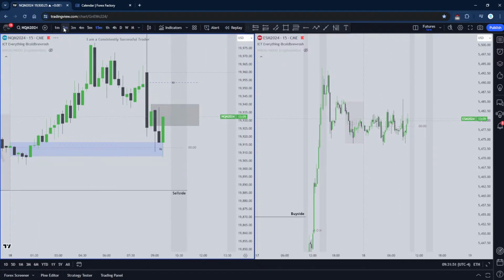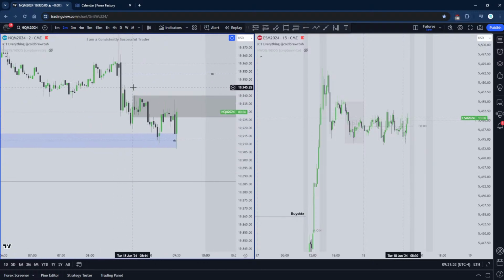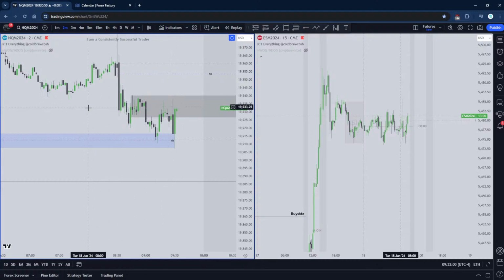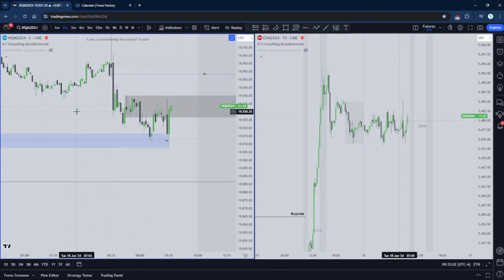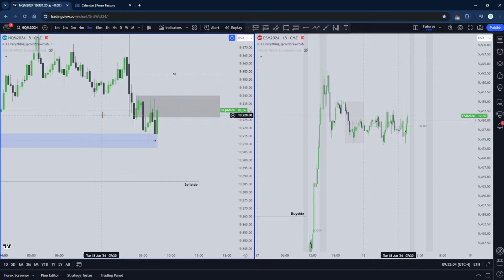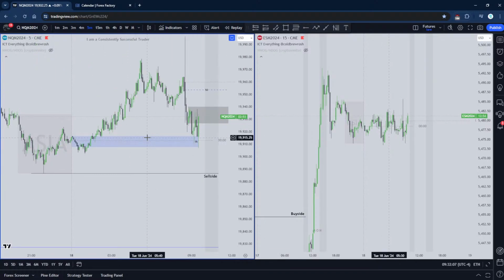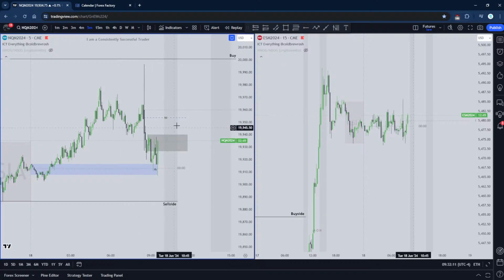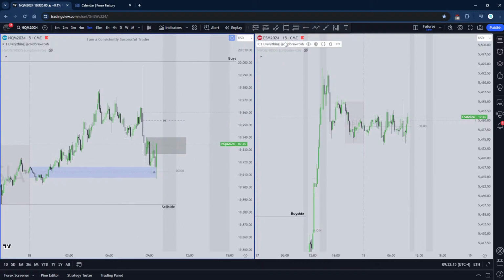There is a potential for, I'm not sure actually. Wait, let me see how this candle respects something. Okay. The 5-minute. Yeah, so there is potential for this to go higher, or at least do some sweeps into here. And that's not uncommon.